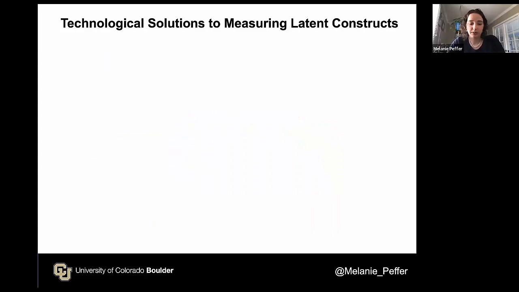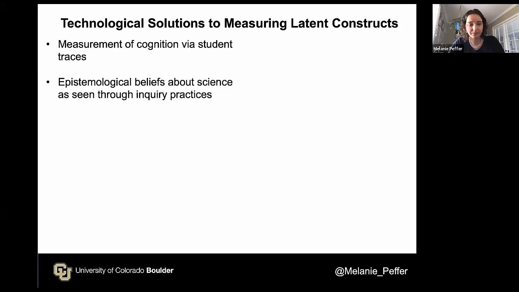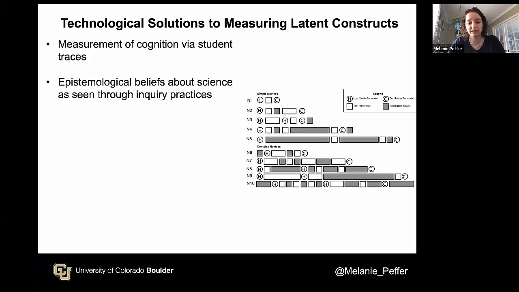And so there's been a few papers recently about technical solutions, particularly in learning analytics, to measure these latent constructs like epistemic cognition or metacognition, and looking at measuring these by student traces in some kind of authentic activity like problem solving. In terms of epistemic cognition, and in particular epistemological beliefs about science, that can be viewed through students' inquiry practices.